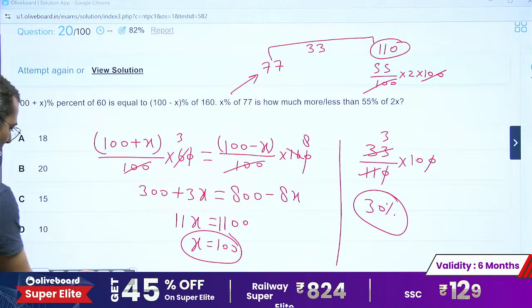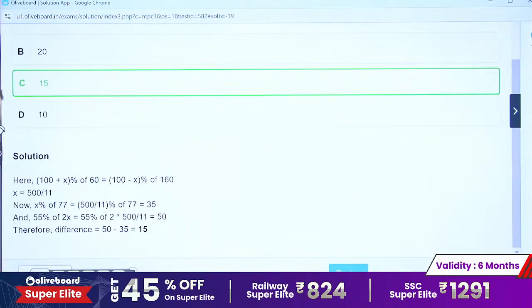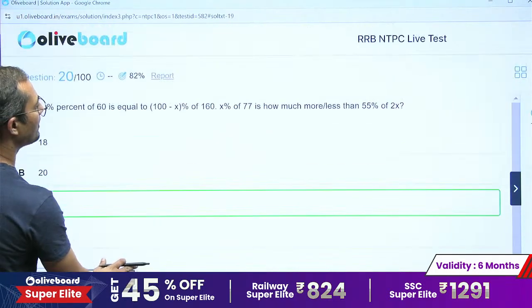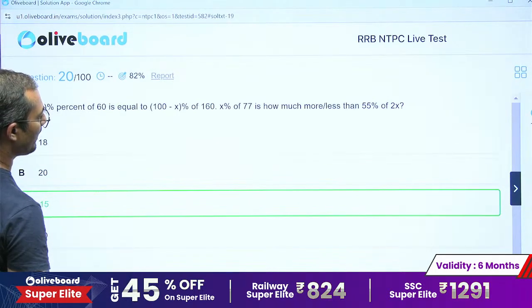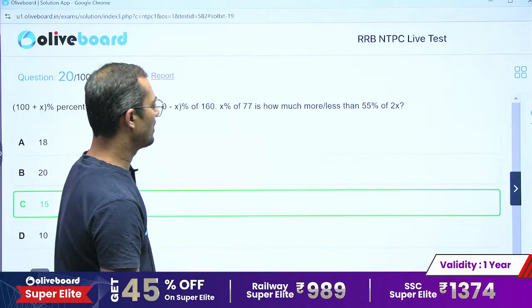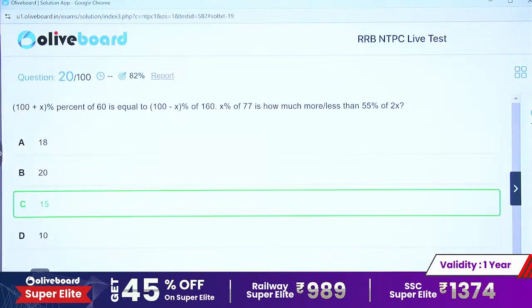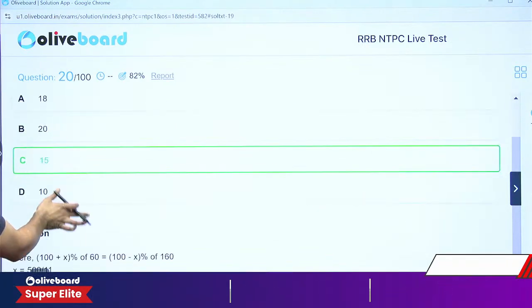So let's check the view solution, right? So here see, I think probably we couldn't understand the question, right? The question is x% of 77 is how much more or less than 55% of 2x, right?